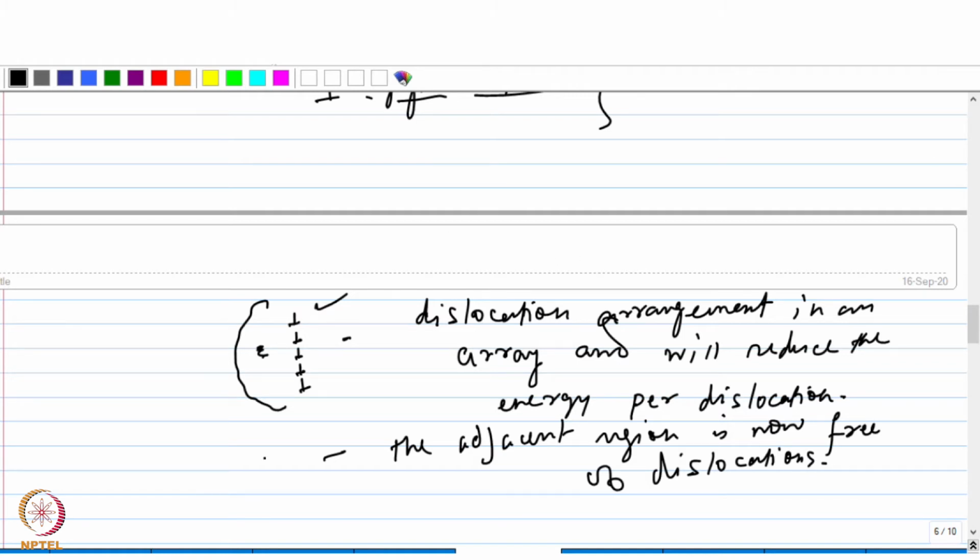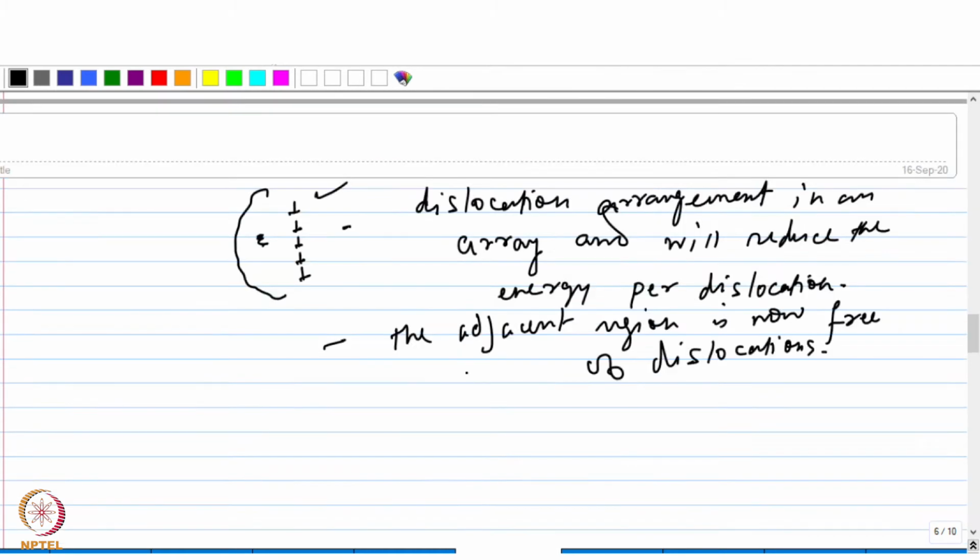So the part which is free of dislocations is now restored, because the high dislocation density that you had is no longer remaining in these parts, and therefore we can say that these parts are restored now. And this will lead to a recovery of some of the physical properties. So this recovery, as I said, precedes the recrystallization process.